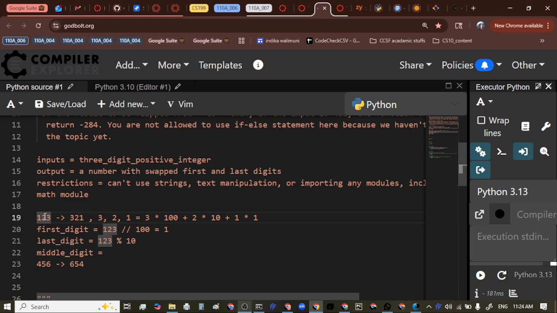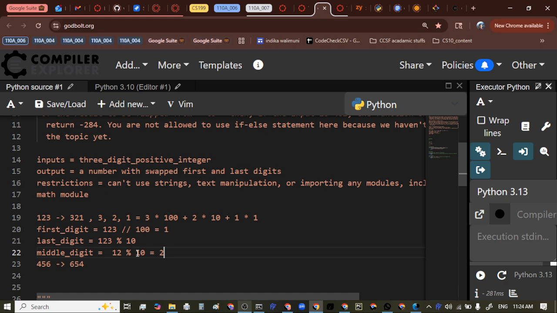But imagine first you have access to 12, that you found a way to get 12 out of 123. Then 12 modulo 10 gives us 2, right?